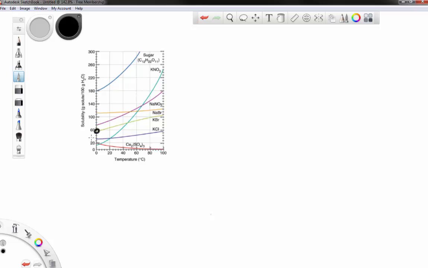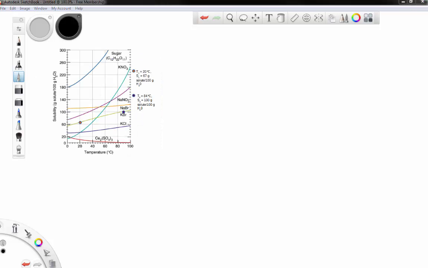And it may be more convenient for us to pick two other points that are on the line to use as our slope points, although this one would work just fine. So in any case, I'm actually going to pick this point here and this point here. So let's see what those 2 points are.